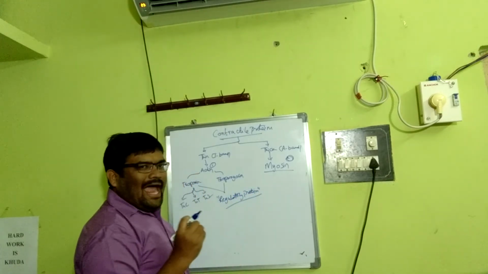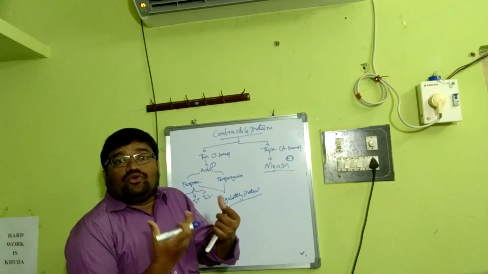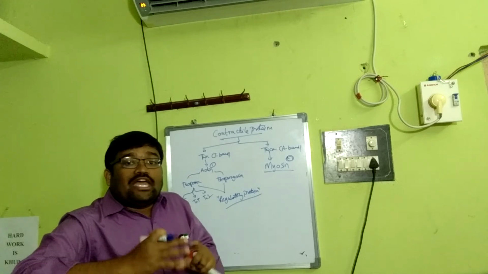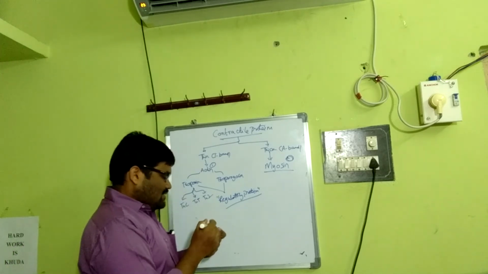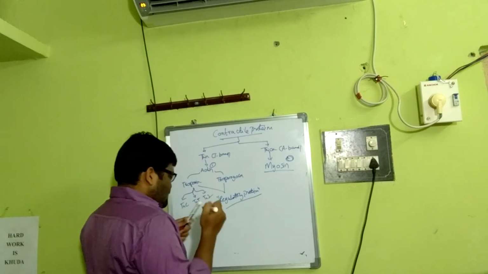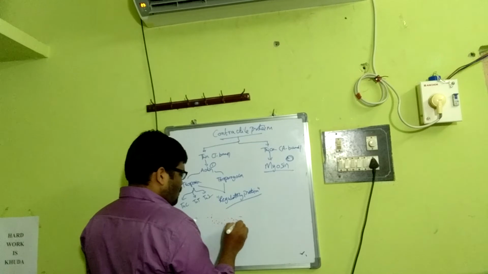Actin we already discussed. Actin is a filamentous protein consisting of two chains of helically arranged actin molecules. Say this is actin, two chains of actin.